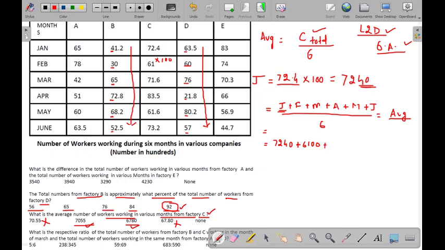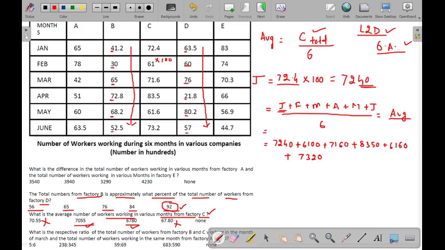For March it will be 7160. For April it will be 8350. For May it will be 6160, and for June it will be 1320.